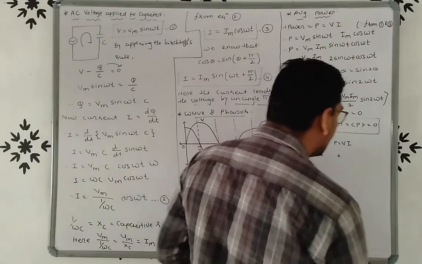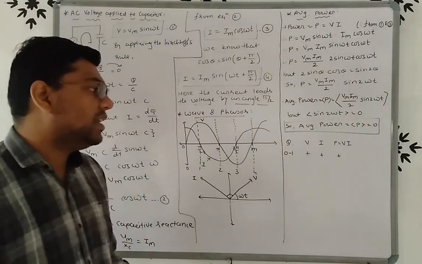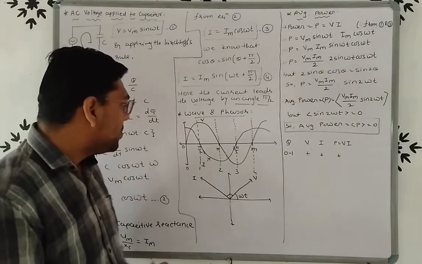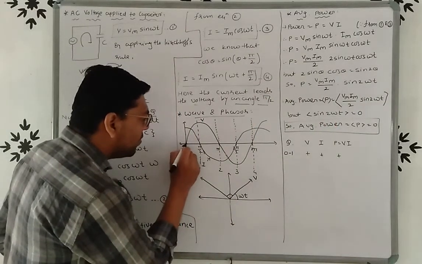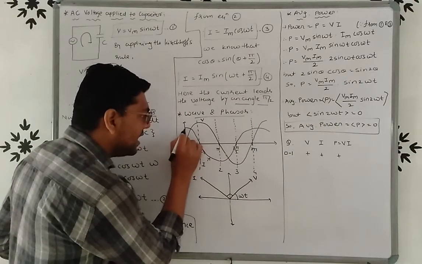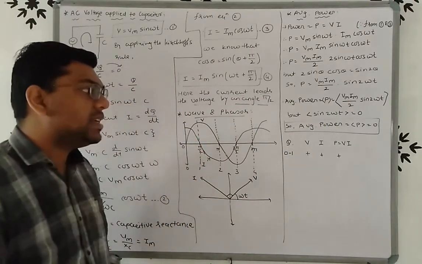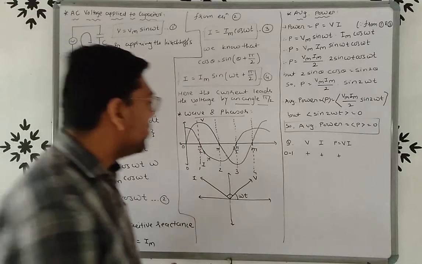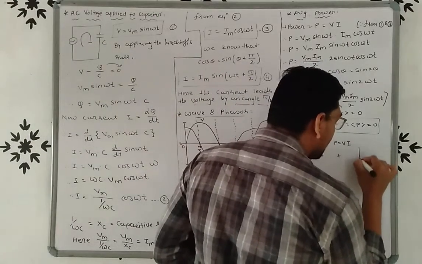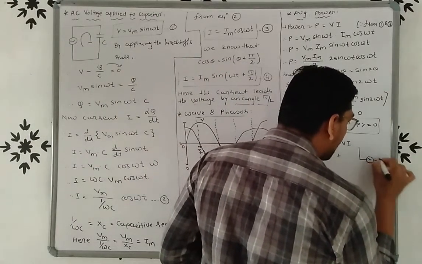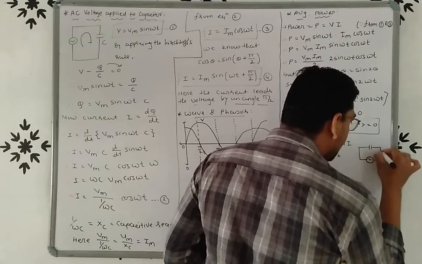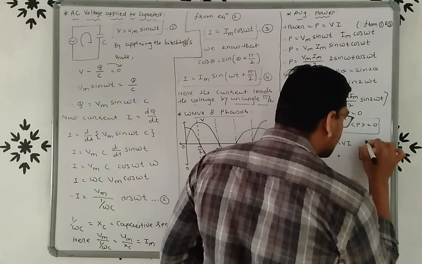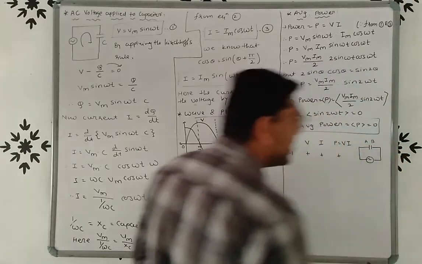So here the product of voltage and current is also positive. But here see, voltage starts increasing and current starts decreasing. So here what happens? As we connect the AC voltage to the capacitor, then this plate A and this plate B.